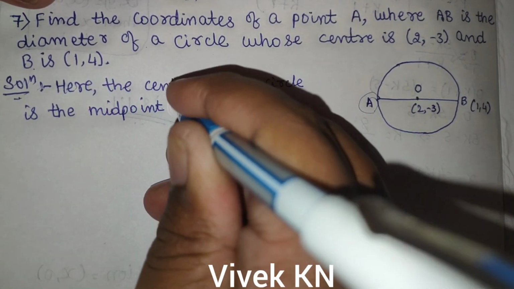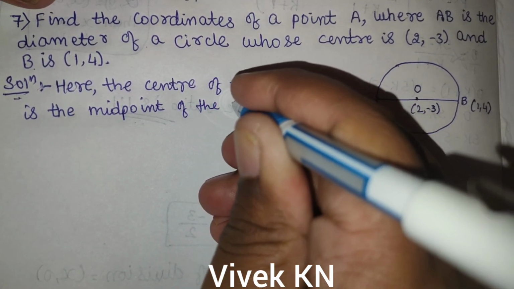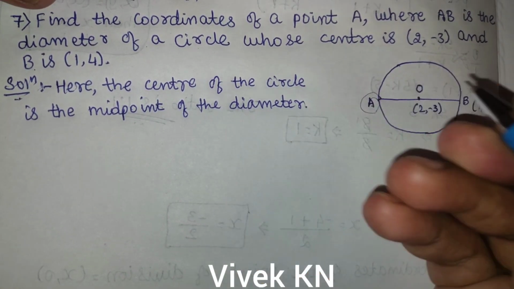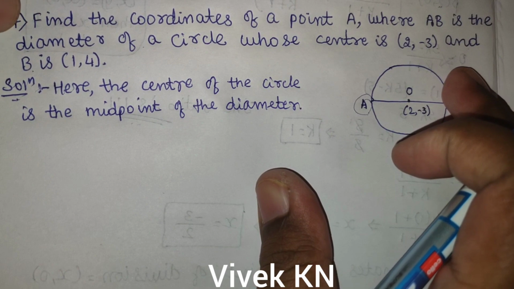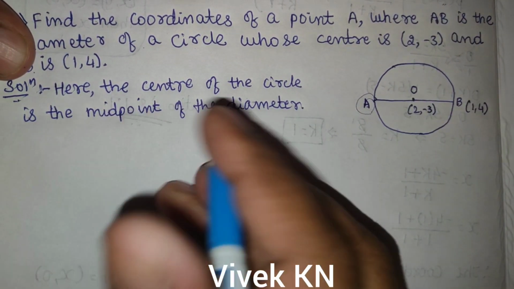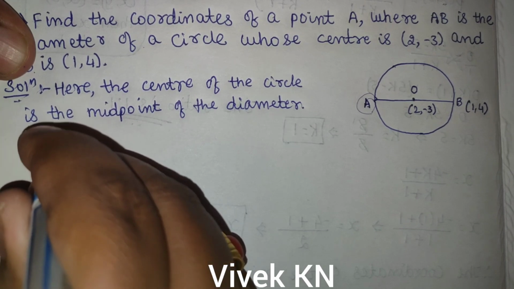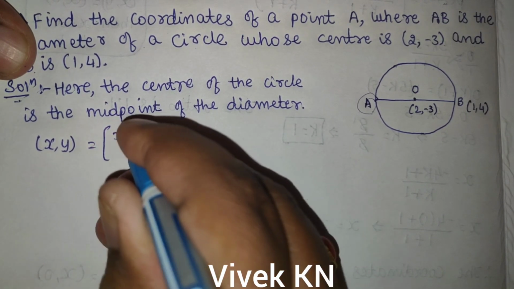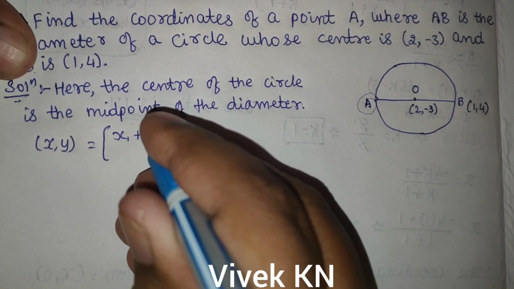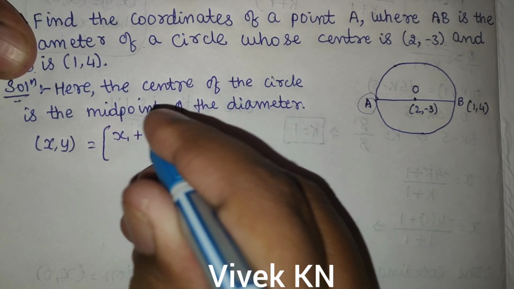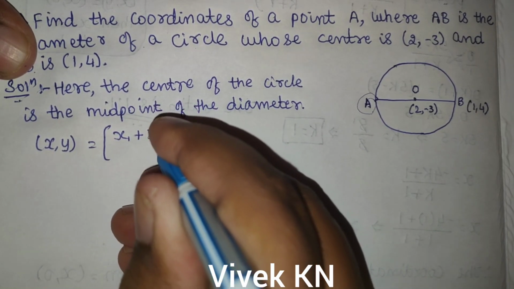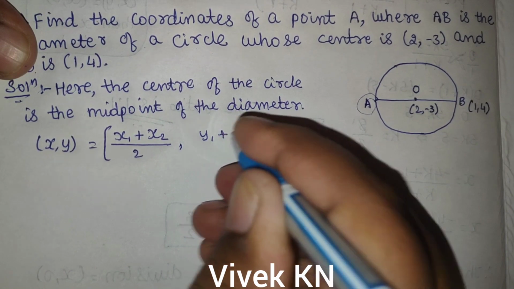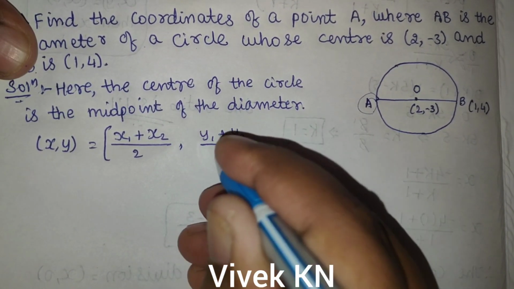So first let us write the midpoint formula. The midpoint formula is given by (x, y) is equal to ((x1 plus x2) by 2, (y1 plus y2) by 2).